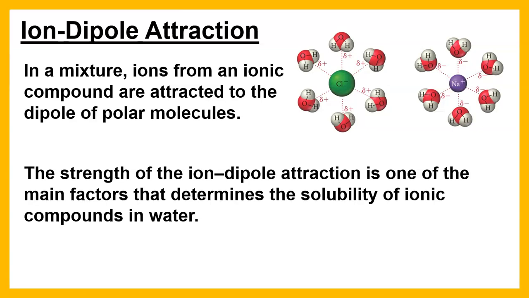If there is a large attraction between the dipole and the ions, it'll be soluble. You get these water molecules surrounding your ions. You may hear people talk about things like spheres of hydration. That means the water molecules are surrounding those ions. Can be very, very strong.